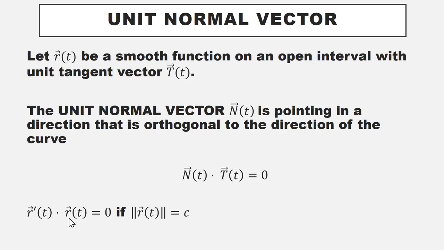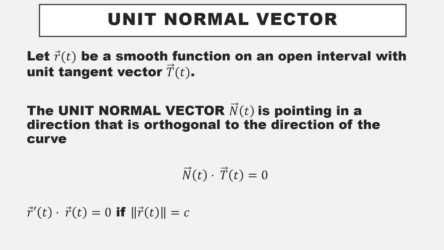If I have a vector valued function, dot product with its derivative, it becomes 0 as long as the vector valued function has constant length. If the vector valued function does not have constant length, then this is not a true statement. But since my unit tangent has constant length of 1, then its derivative dot producted with itself is going to be 0.